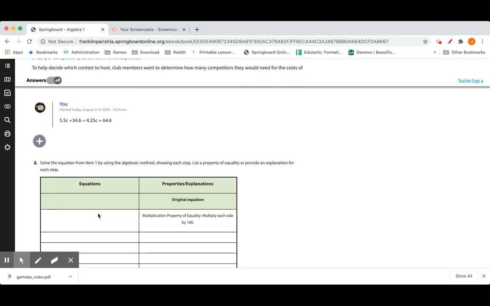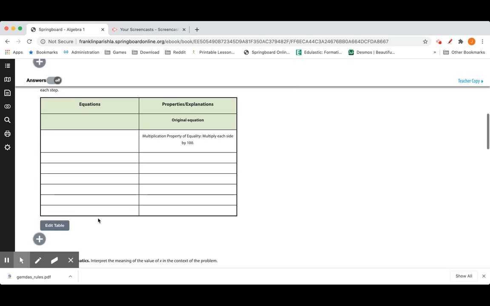Solve the equation from item number 1 by using the algebraic method, showing each step and listing a property of equality, or provide an explanation for each step. So let's look.